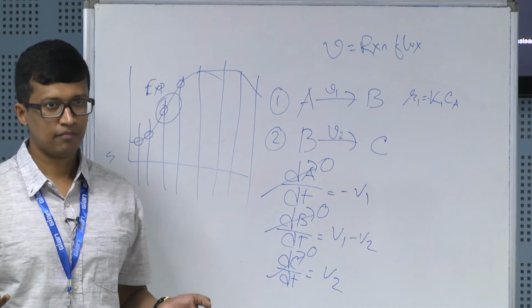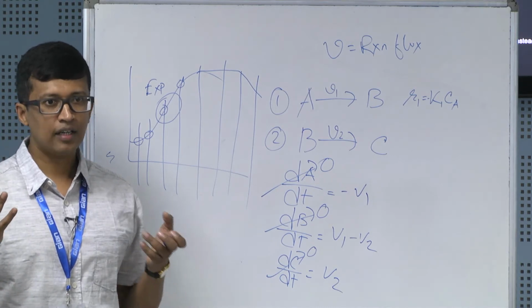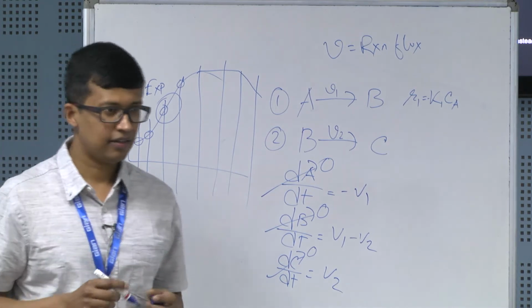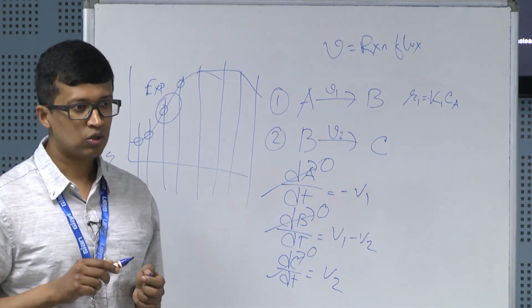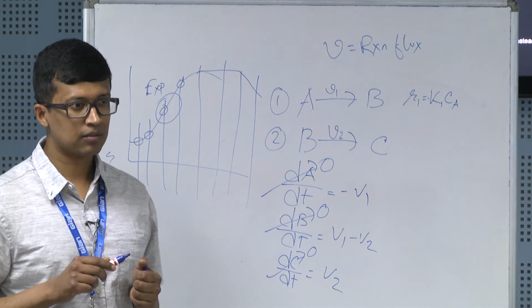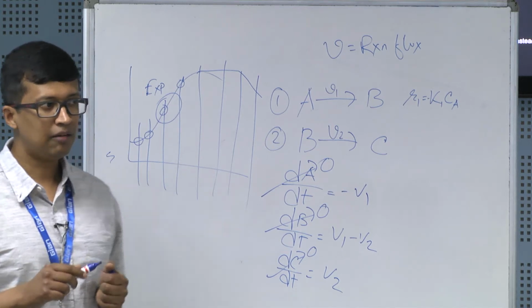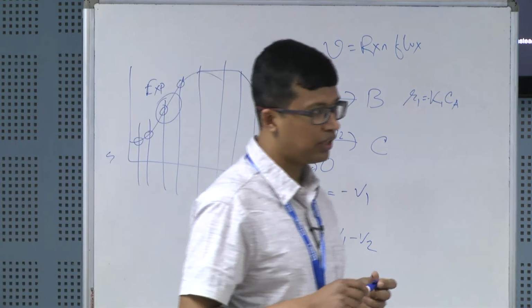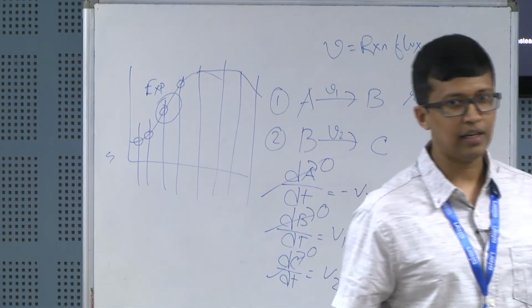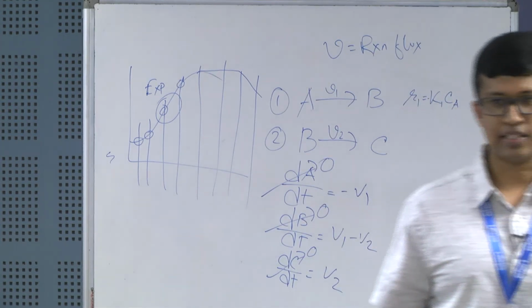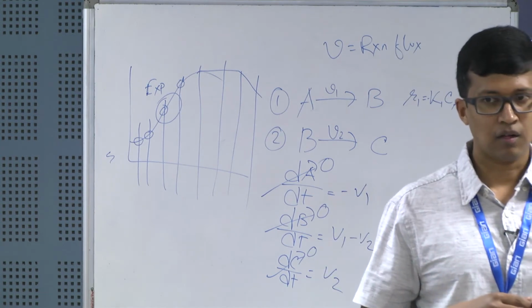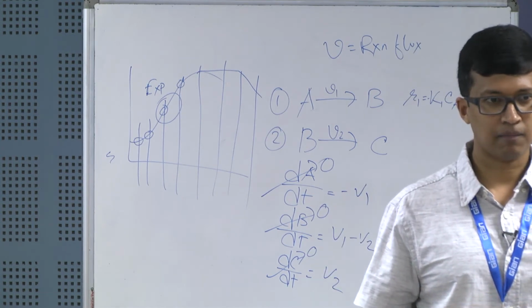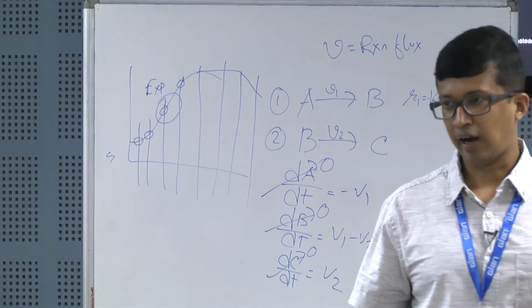But what is the one condition that you need to have to solve a linear set of equations? Tell me that one condition that you need to have to solve a linear set of equations. So, let us say you have 3 different variables. How many equations you need? 3, at least 3.